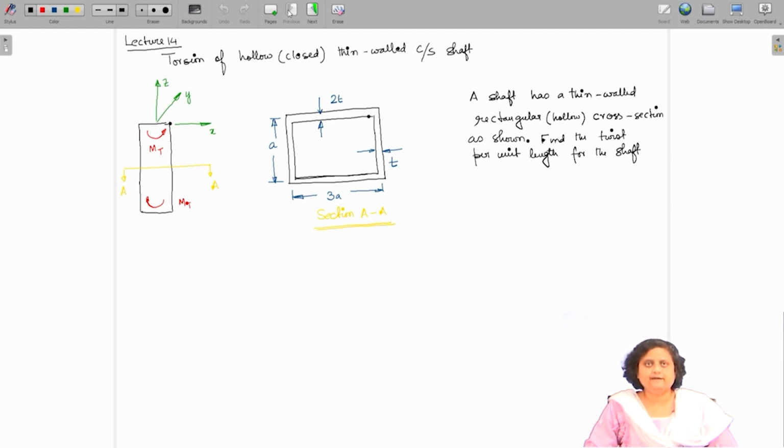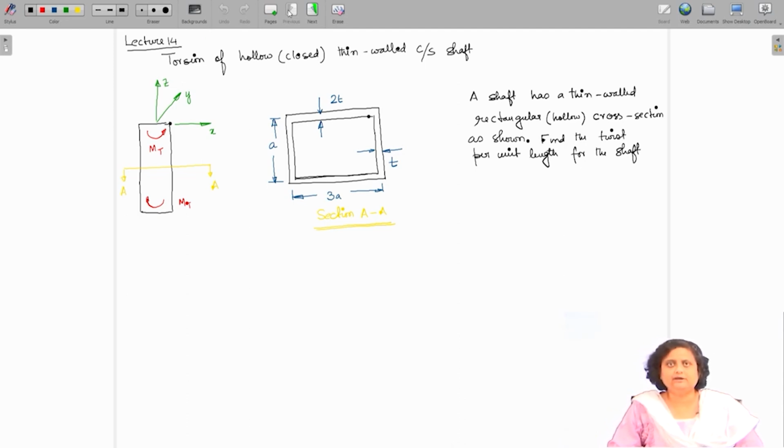If I take any arbitrary cross section AA and plot it, the problem we will be discussing is a hollow thin wall rectangular cross section.